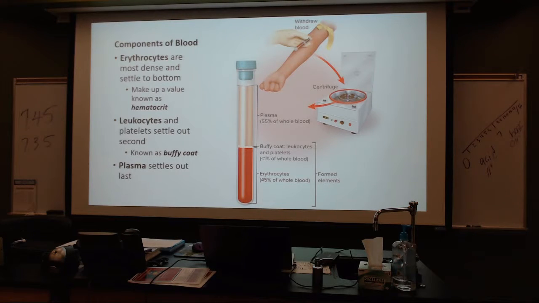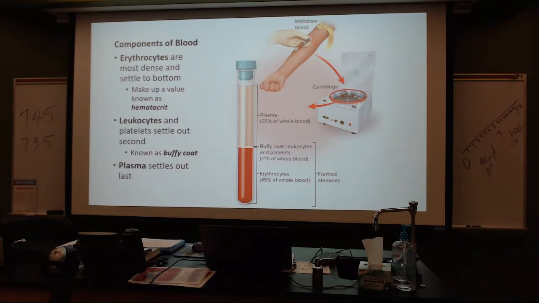It is centrifuged down because there are 3 layers that settle out. The red blood cells are the heaviest, so they settle out to the bottom. The white blood cells, the buffy coat, they come in to the middle, and you see that that's a very small amount. If you were sick, that buffy coat would be more.